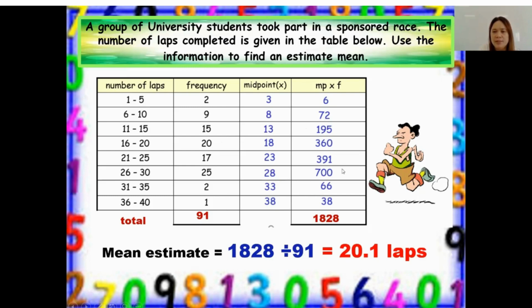Then we need to add the products of the midpoint and the frequency. So we have 1,828, and we need it here in the formula, and then we divide it by the total frequency, which is 91. So the estimated mean is 20.1 to 1 decimal place.